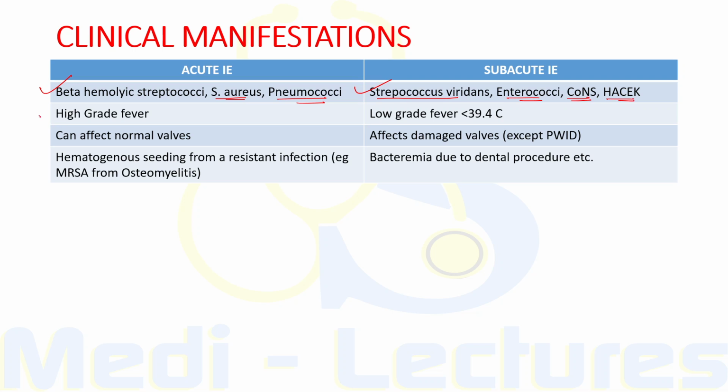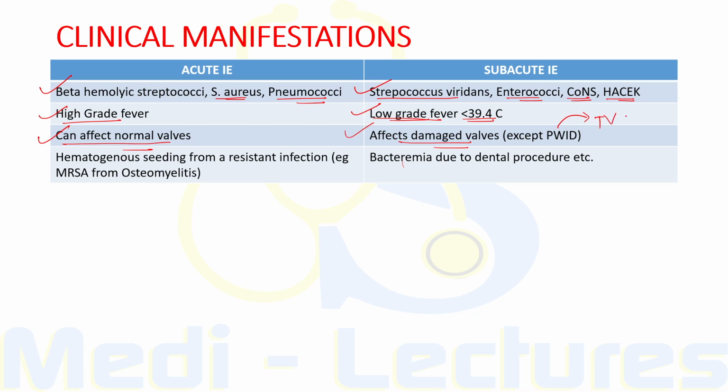Acute is associated with very high grade fever. On the other hand, in subacute, the fever is low grade and usually less than 39.4 degree centigrade. Acute infective endocarditis usually affects the normal valves, so it can occur in even a healthy individual, while subacute usually affects damaged valves except in patients who inject drugs.